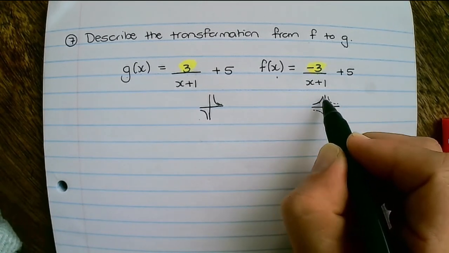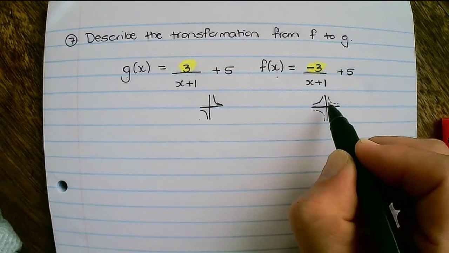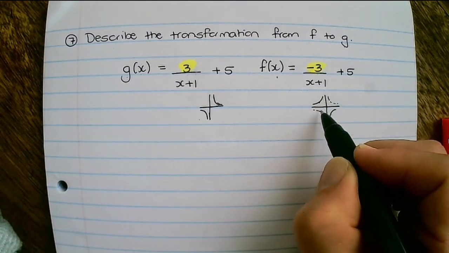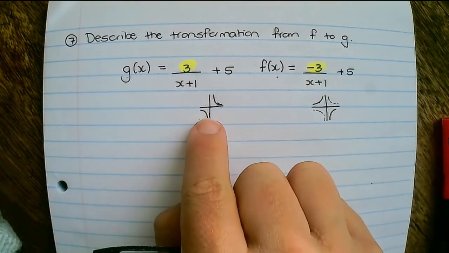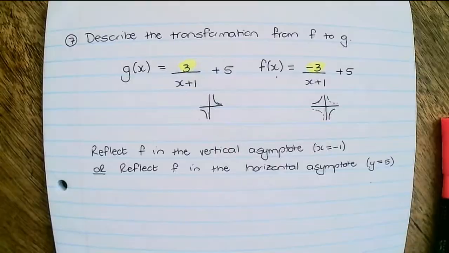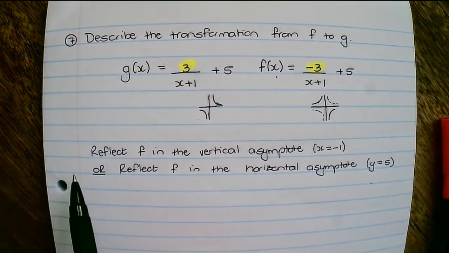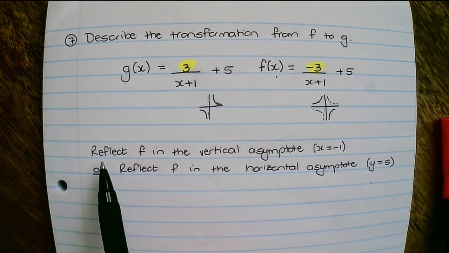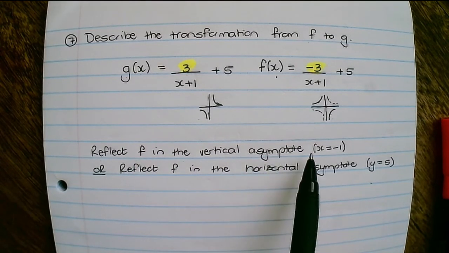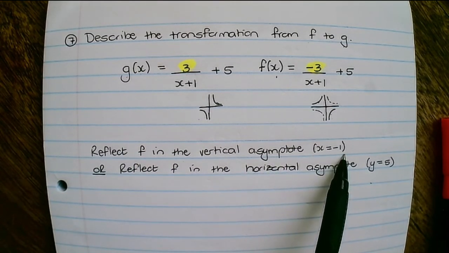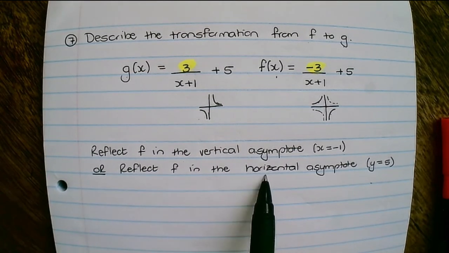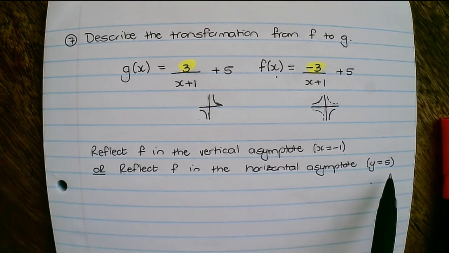So if I reflect the original graph in its horizontal or vertical asymptote, it will produce these quadrants. So my answer could be reflect f in the vertical asymptote of x equals -1, or I could say reflect f in the horizontal asymptote of y is equal to 5.